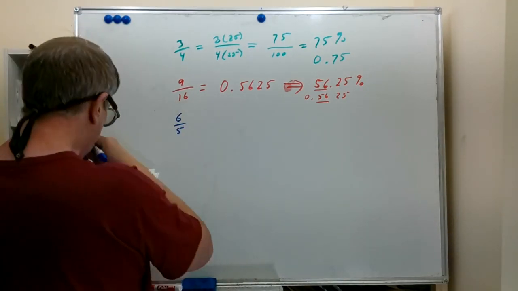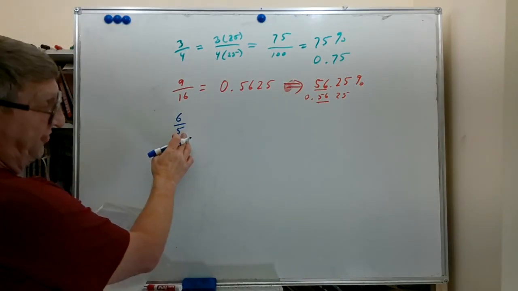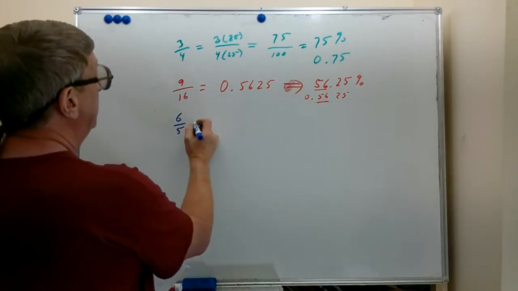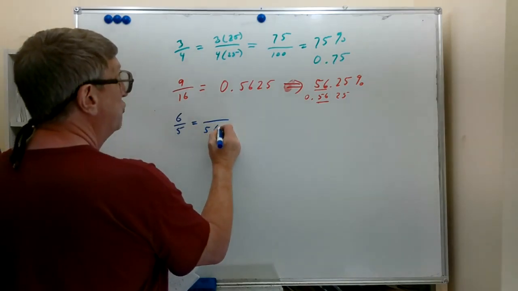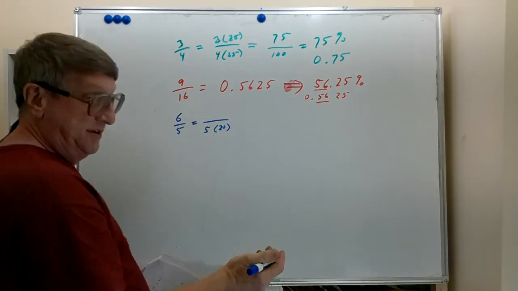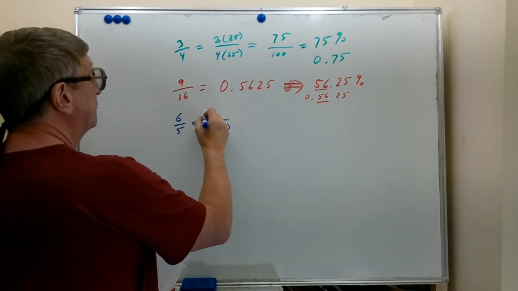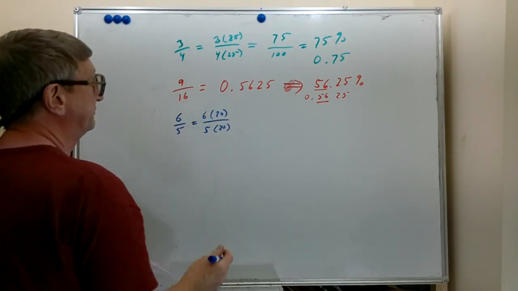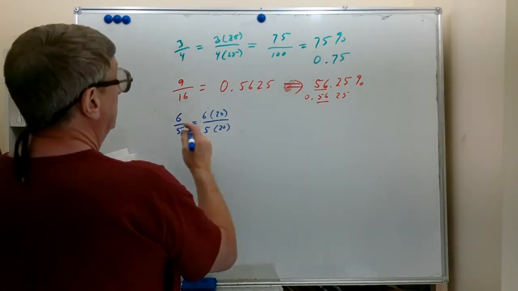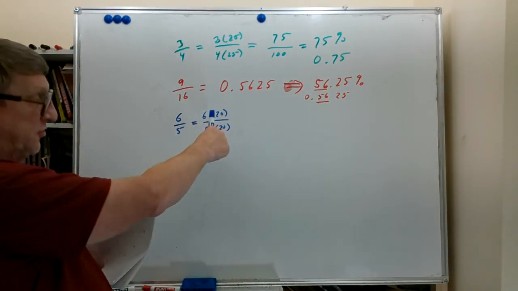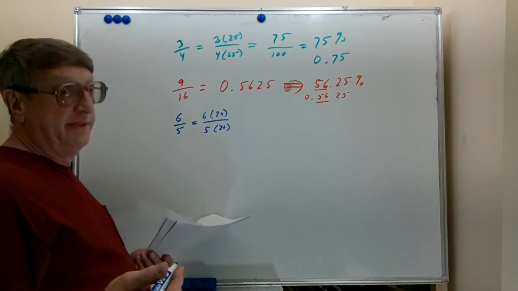6/5. Now this one, a little bit easier to get the 100 on the bottom, because 5 times 20 is 100. So we can also go 6 times 20. So we've multiplied by 20/20, multiplying by the equivalent of 1.